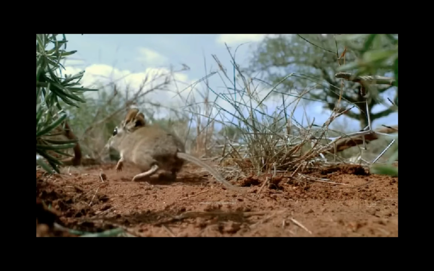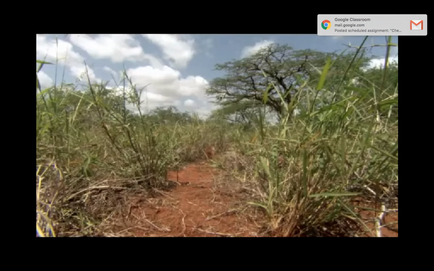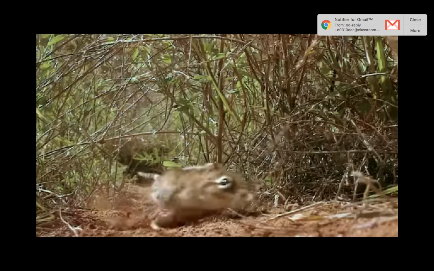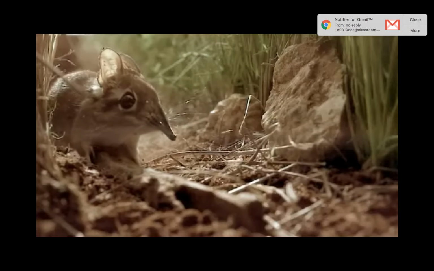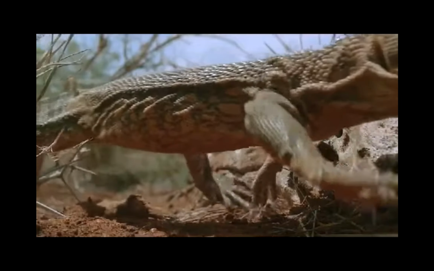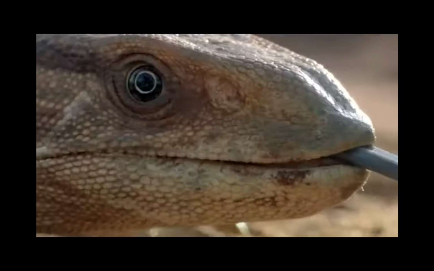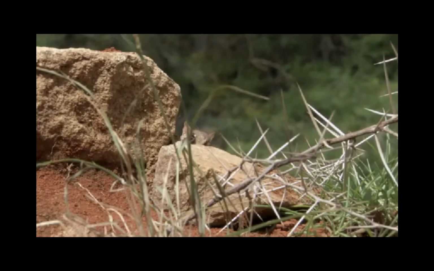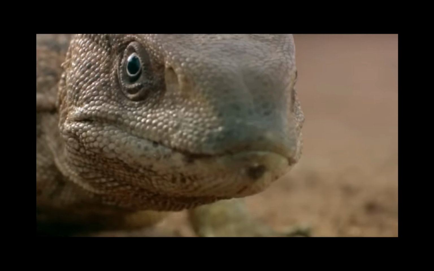And she makes the most of home advantage. She's not only outrun the lizard, she's outwitted him.